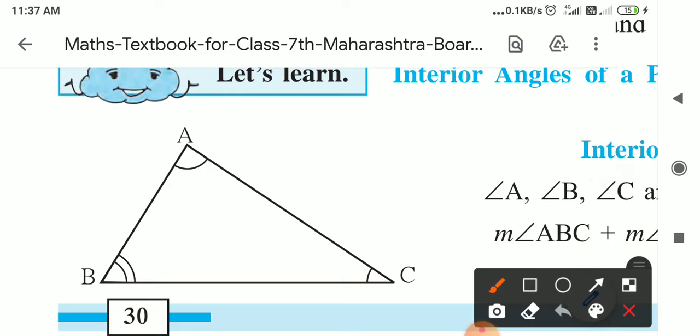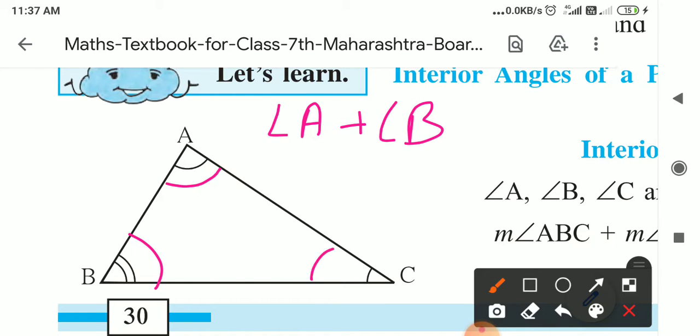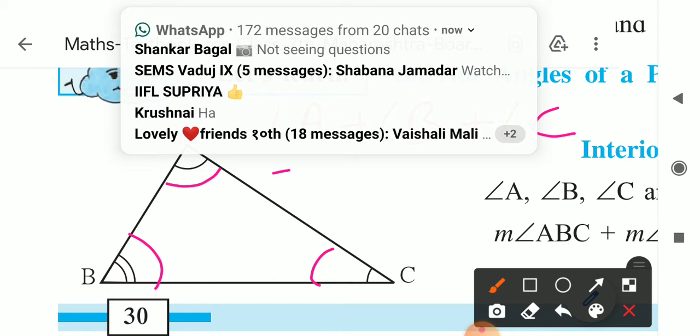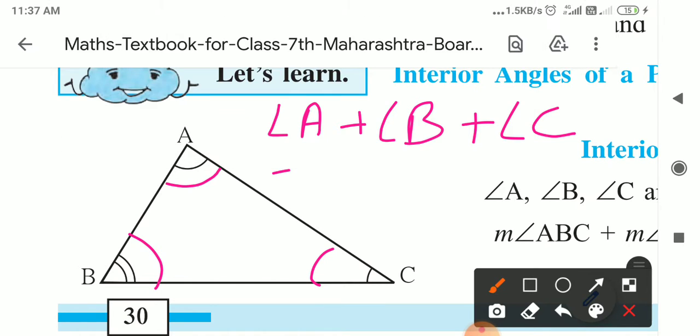Now what you have to do is measure angle A. Take a protractor and measure it, then measure angle B, and afterwards measure angle C, and add all the angles.